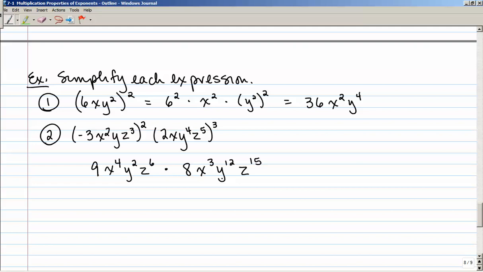Now I need to multiply these two, so I will multiply the coefficients. 8 times 9 is 72, and then for my x's, I will add the exponents, which gives me x to the 7th. For the y's, I'll add the exponents, y to the 14th. And for the z's, I will add the exponents. Z to the 21st power. That's huge. That's my final answer.